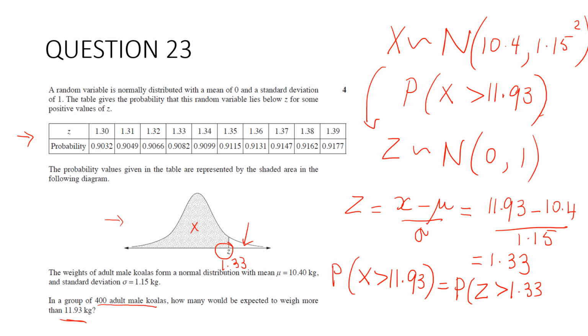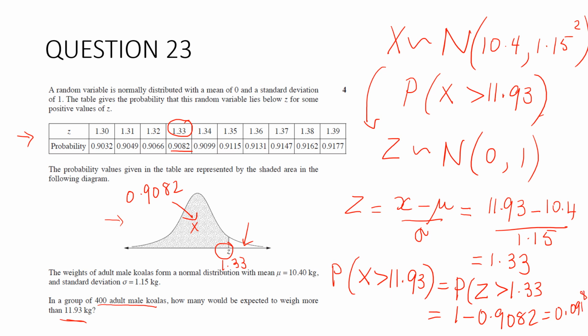So if I look at 1.33, the probability in here is 0.9082. So I'm going to do 1 take away 0.9082, which is 0.0918.